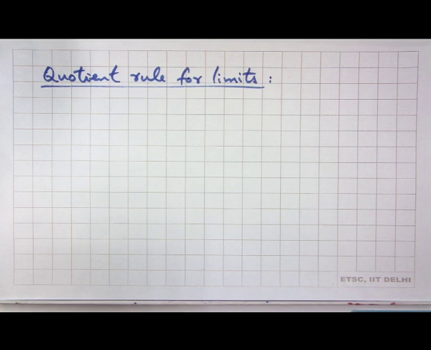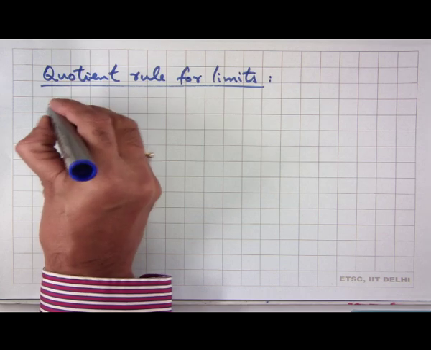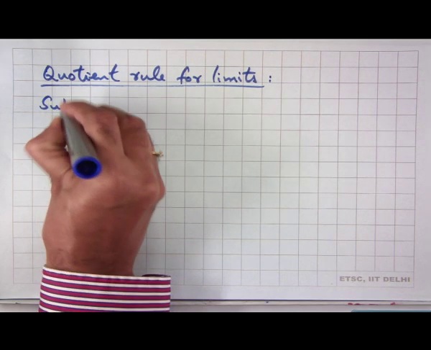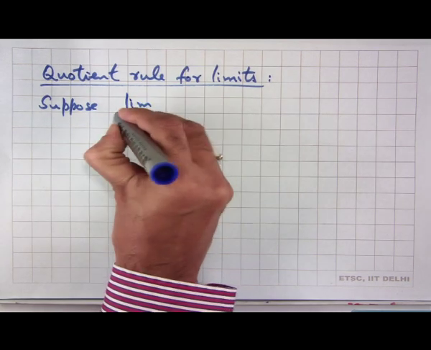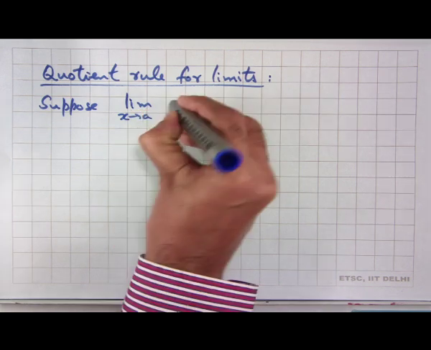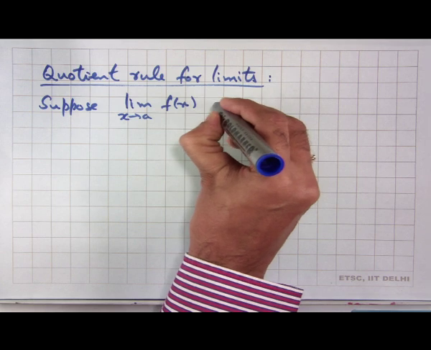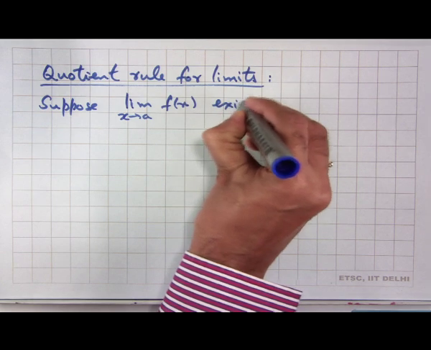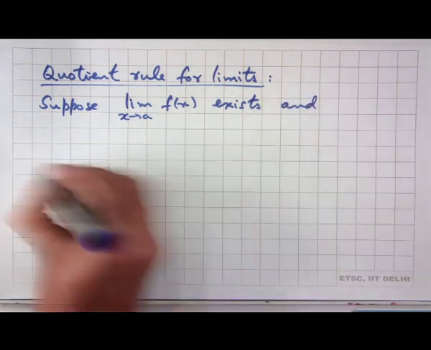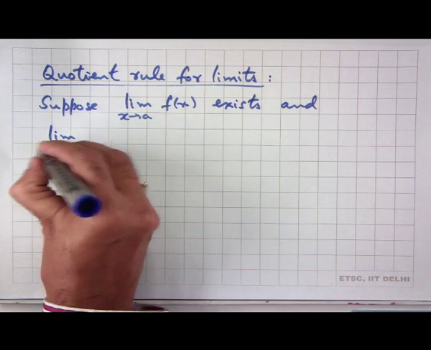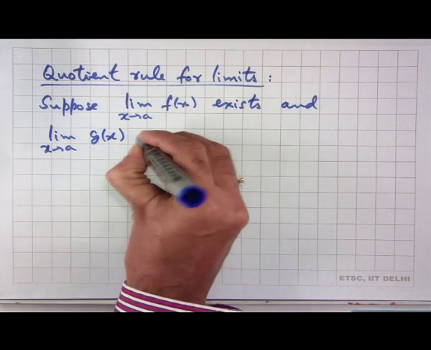Suppose limit of x going to a f x exists and limit x going to a g of x also exists.